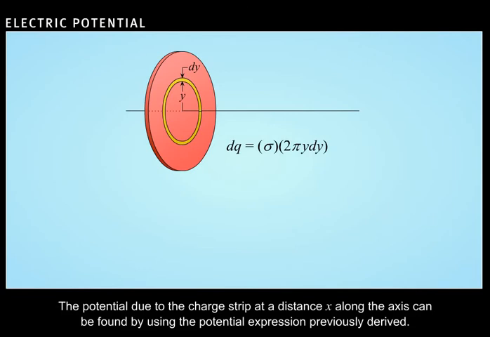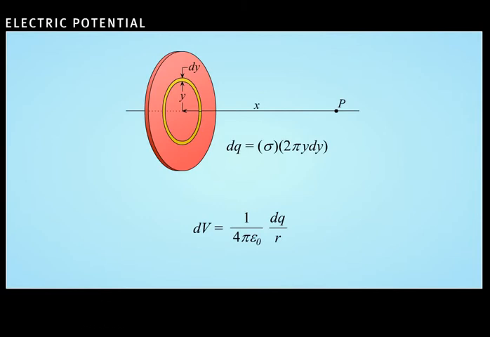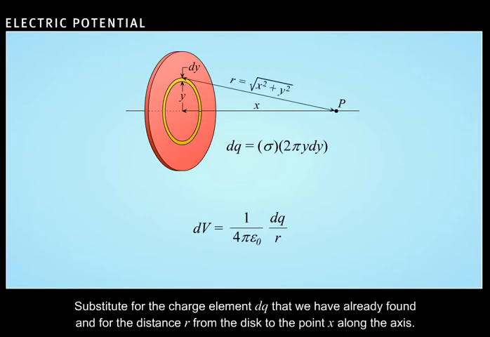The potential due to the charge strip at a distance x along the axis can be found by using the potential expression previously derived. Substitute for the charge element dQ that we have already found and for the distance r from the disk to the point x along the axis.